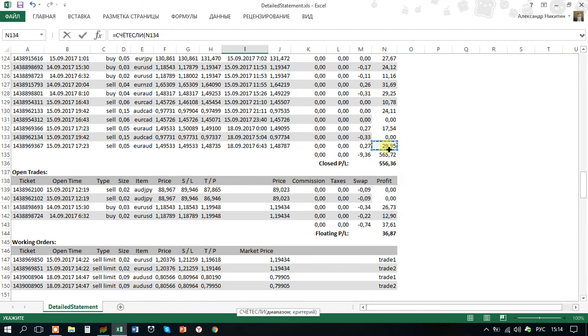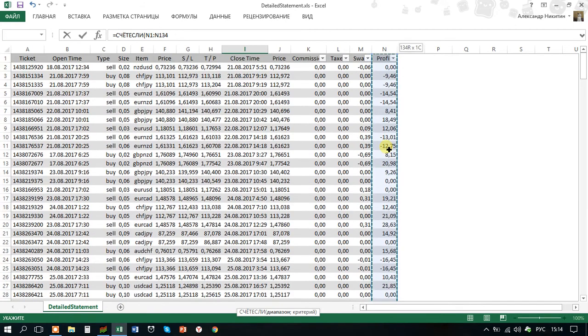It should be from here and to here, and then it should be this. Okay, so this is the range, and the criteria should be more than 0. So this formula, COUNTIF within this range more than 0, will return the number of how many trades are more than 0.